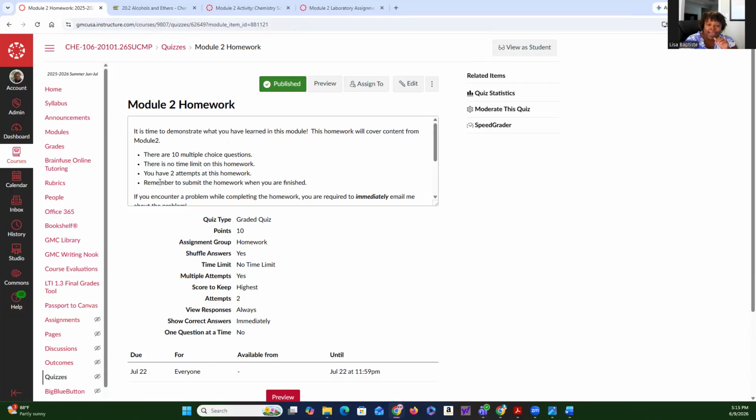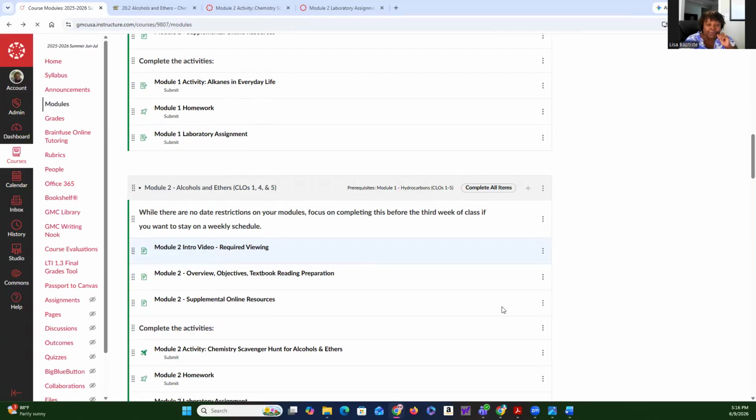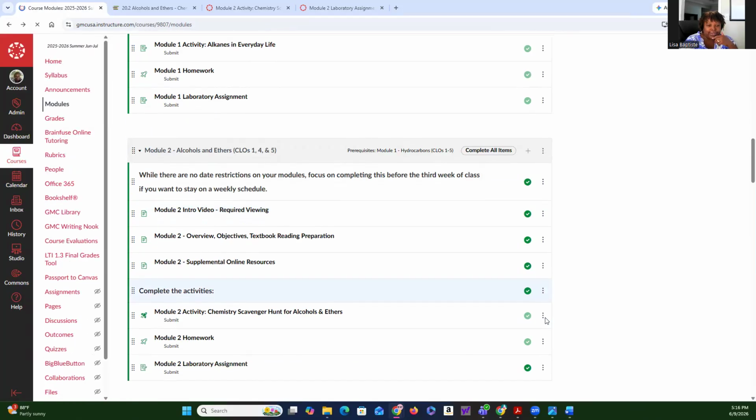You want to do that before you do that second attempt, because after that second attempt, that's it. And then the grade that is published in the grade book will be the grade from the highest of your 2 attempts. All right. And so make sure that you thoroughly understand the material before you do that second attempt.